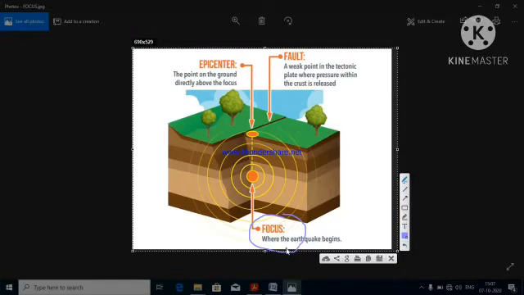It is deep down the earth where the earthquake begins. And this is epicenter, which is directly above the focus, the point on the ground directly above the focus. Fault, a weak point in the tectonic plates where the pressure within the crust is released, where the tension is released. That place is known as fault.